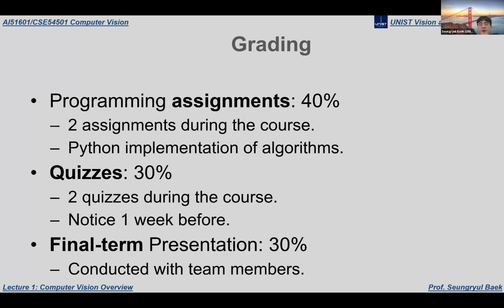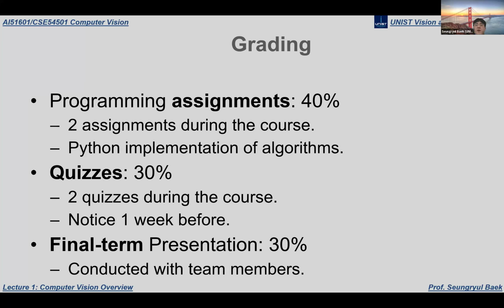So grading is we will assign two programming assignments spanning this course. Maybe around midterm period, we will provide one programming assignment, and maybe before final term, we will notice another assignment.